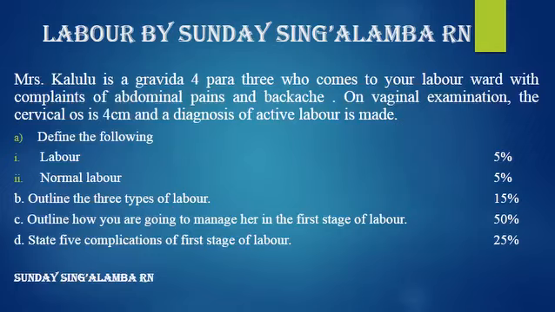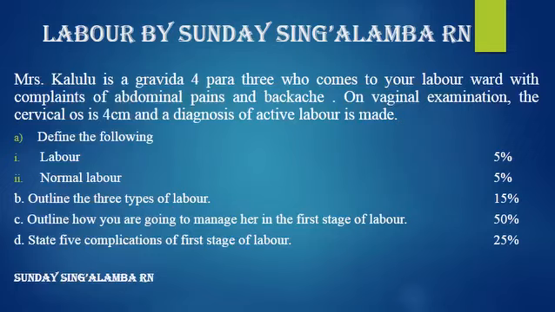The other term is normal labor. How do we define normal labor? In my definition, normal labor is a form of labor that starts spontaneously at term, in which the fetus presents in vertex. It lasts not more than 18 hours in a primigravida and has no complications to both the baby and the mother.